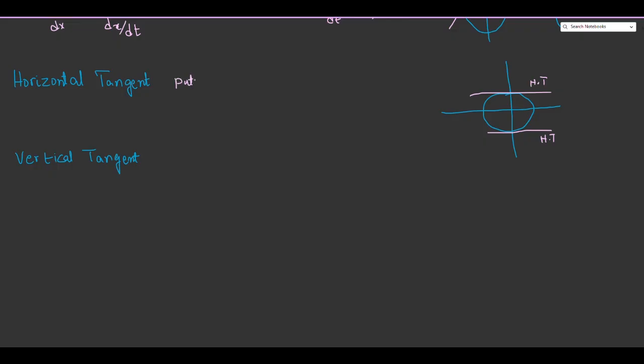In order to find the horizontal tangent, you need to put dy by dt equals 0 and then solve it. It will give you these points. And if you look at the other ones, for example here and here, these are the vertical tangents, and in order to find the vertical tangents, we substitute dx by dt equals 0.